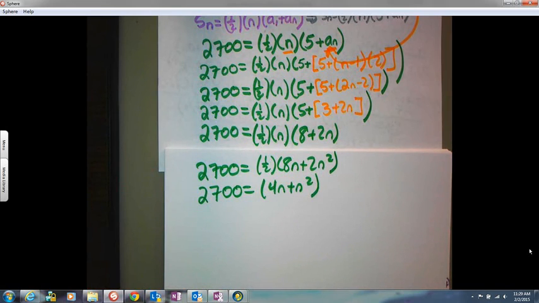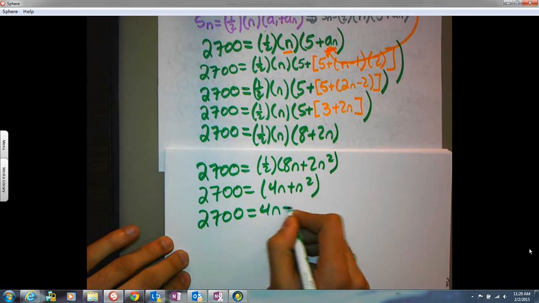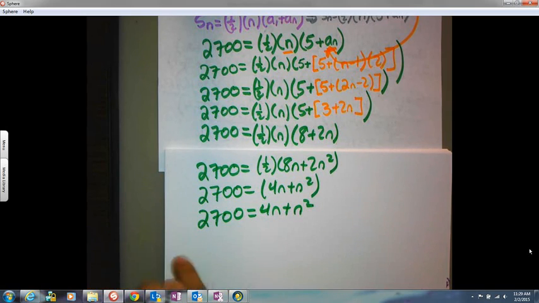And now, if I write it a little bit cleanly, you all will notice this is just a quadratic. Just a quadratic equation to be solved. Right? Look.